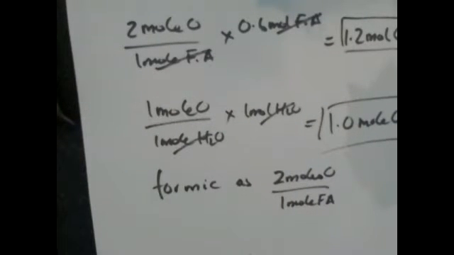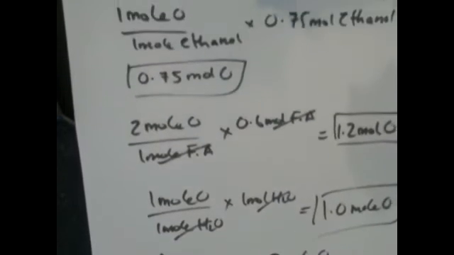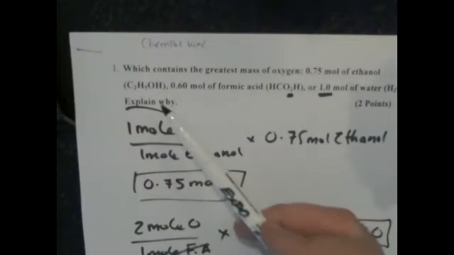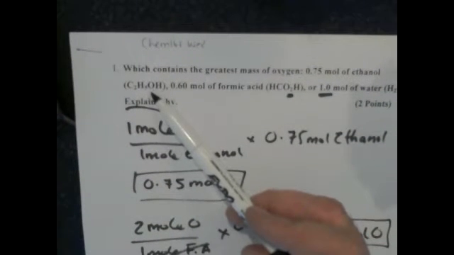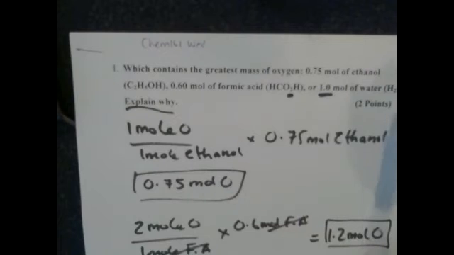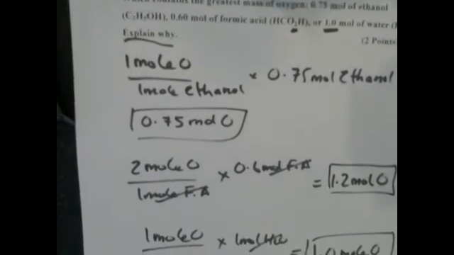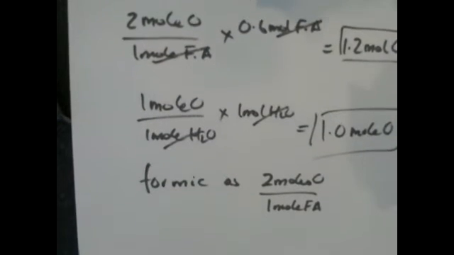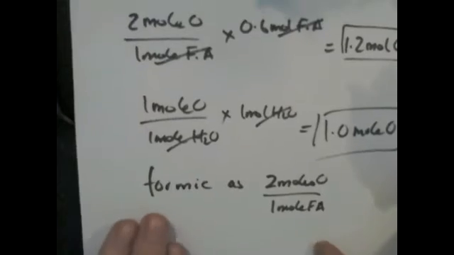So that's the reason why, you just have a greater mole ratio of oxygen in formic acid. Ethanol, you only get 1 mole of oxygen per mole of ethanol. Water, you only get 1 mole of oxygen per mole of water. Formic acid, you get 2. So hopefully that makes sense. And yeah, hopefully you were able to follow along with that.